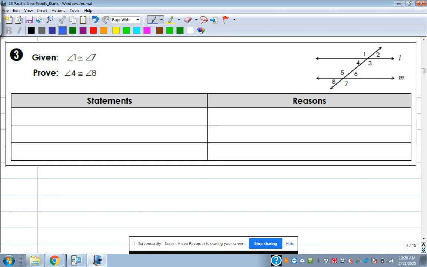Proof 3, they only give us 3 lines for this one, so it must be pretty easy. It says that angle 1 is congruent to angle 7 is the given. Okay, so 2 would make line L parallel to line M because they are alternate exterior angles converse.